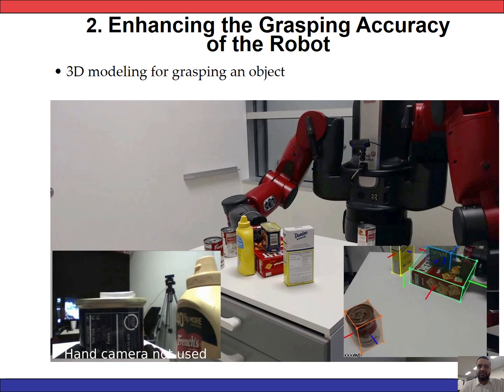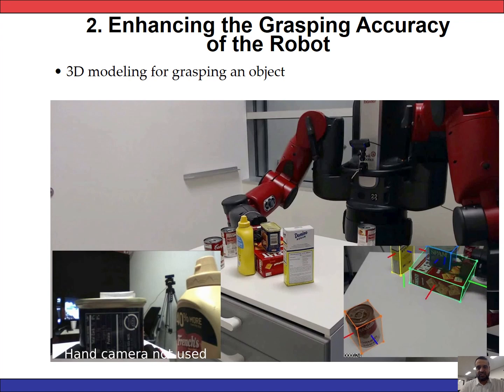If it has the information of that object, like if it contains the full information, the model of that object, then it can grasp it accurately, because it can open its arm based on the available information. So here in this part I will discuss how we can improve the grasping accuracy of the robot.